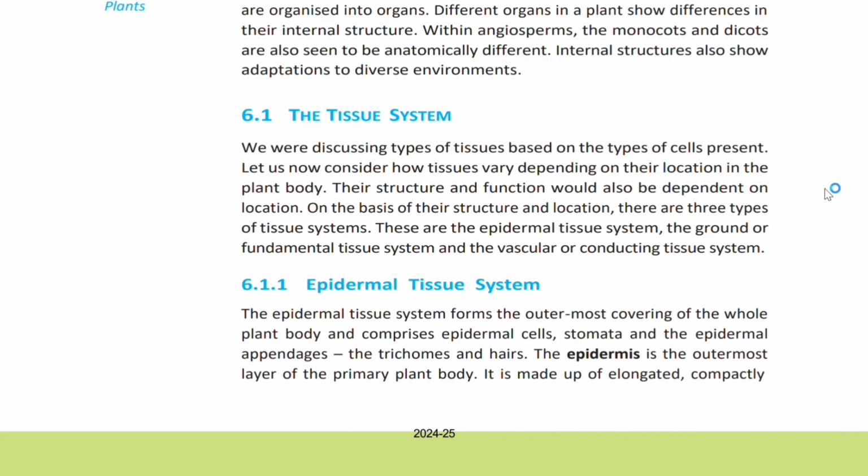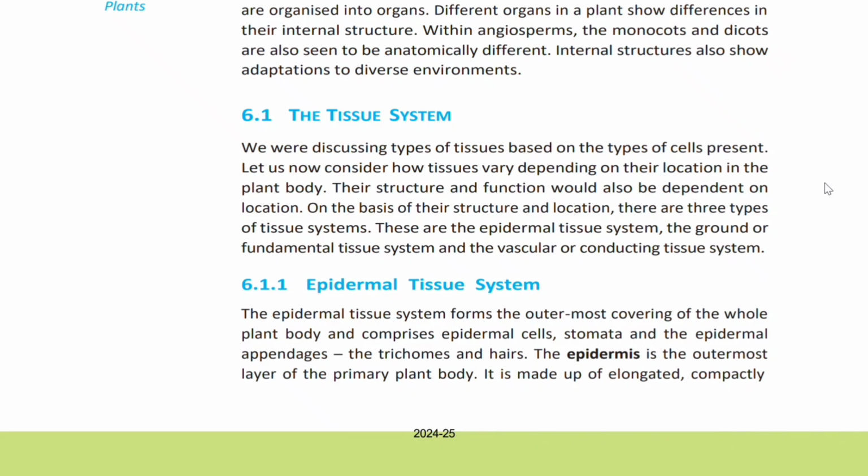6.1.1 Epidermal tissue system. The epidermal tissue system forms the outermost covering of the whole plant body and comprises epidermal cells, stomata, and the epidermal appendages, the trichomes and hairs. The epidermis is the outermost layer of the primary plant body.